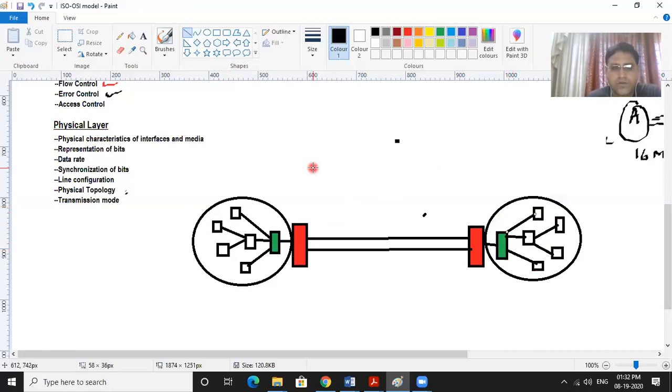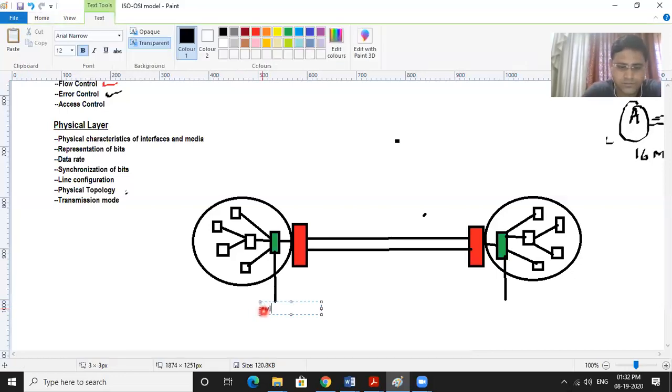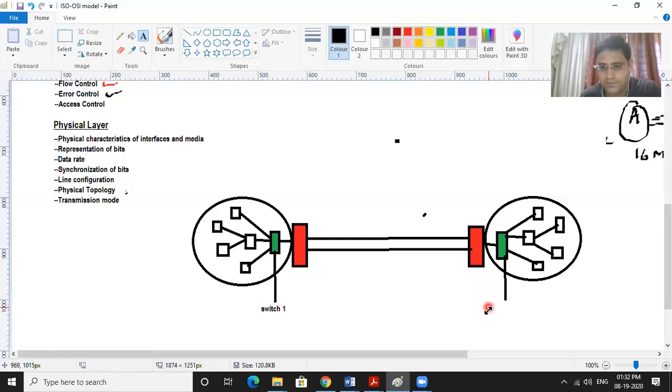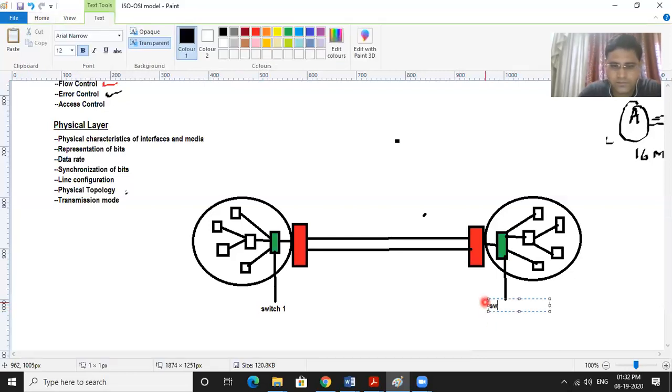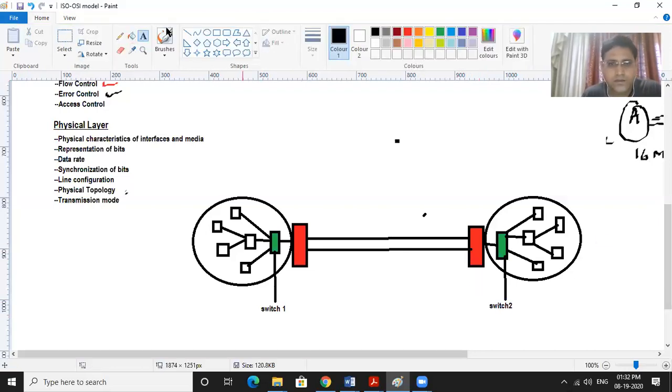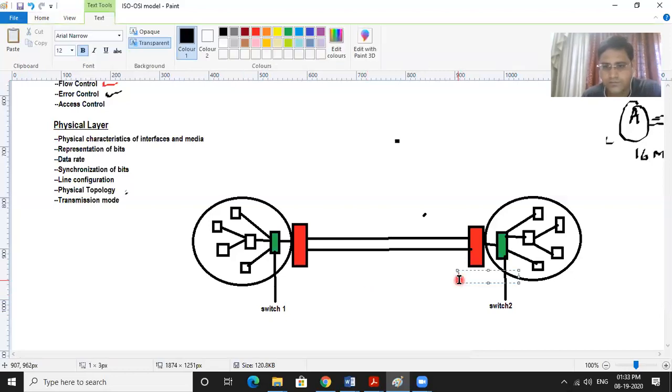Okay. So the green ones are our switches. Let me write it as well: switch. So this is our switch one, and here as well we have switch two. And these red ones are our routers.